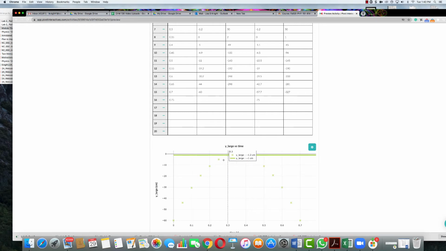So for example, the slope at the top here is 0. That would be the slope at the very top, which is at 0.35 seconds.